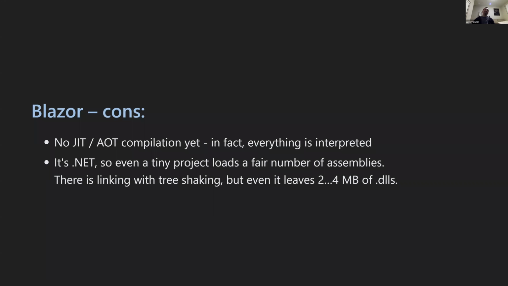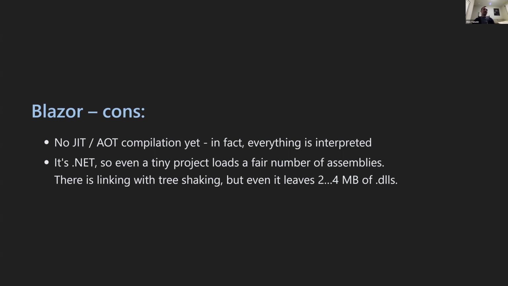There are a few cons, and the main one is speed. Right now, it's not the same as native .NET or .NET Core, but honestly, it's not bad, even though it works in interpreted mode.